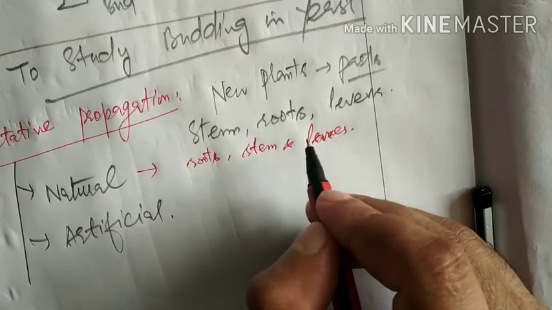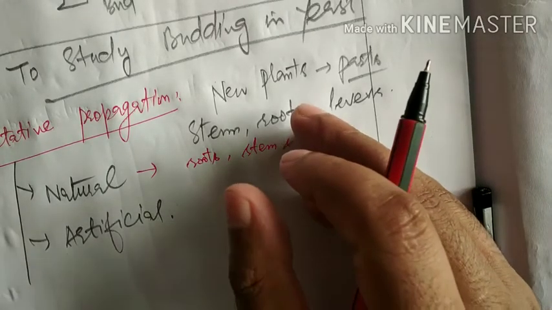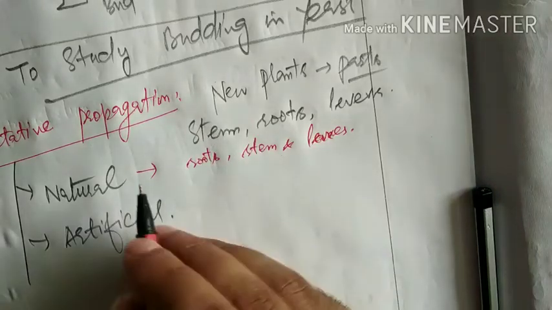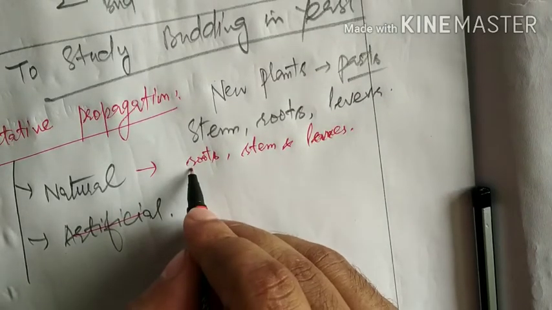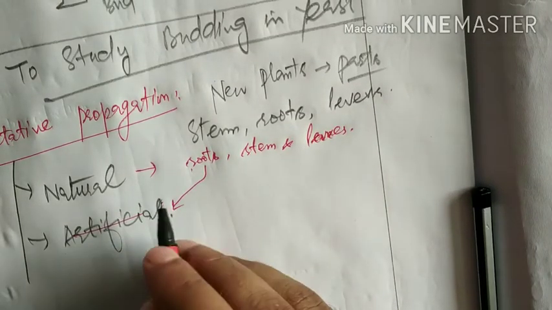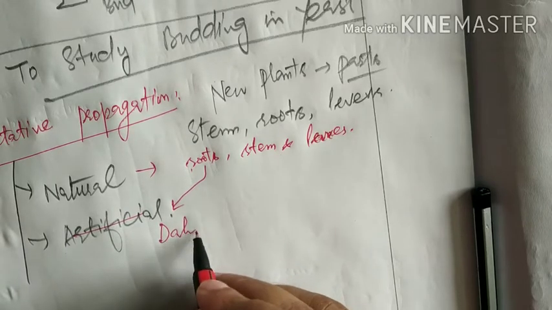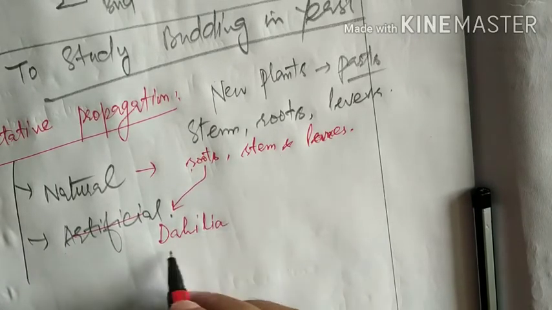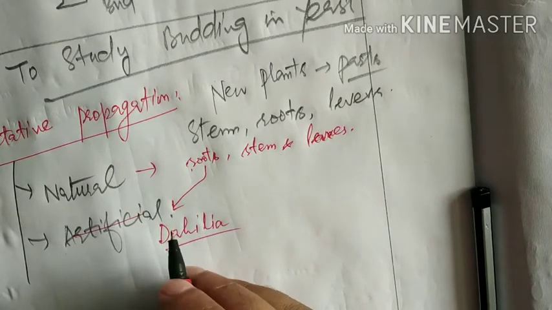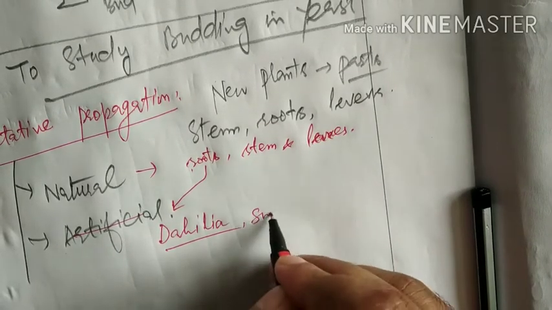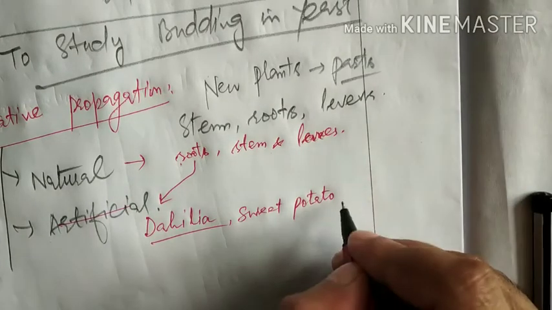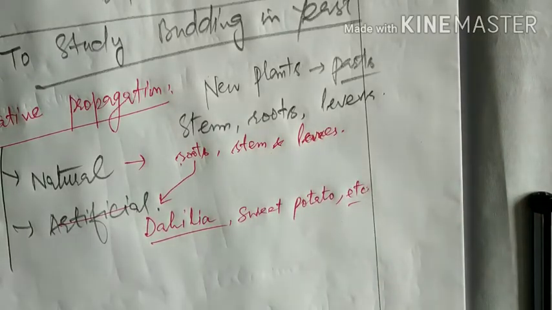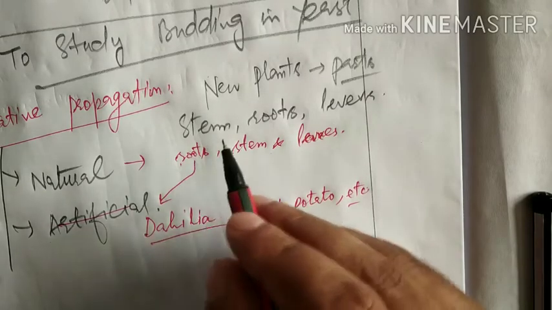We can understand natural vegetative propagation by taking the example of dahlia, or sweet potato. Not only these, we have many plants which undergo vegetative propagation using the roots. That is the important part of the plant.